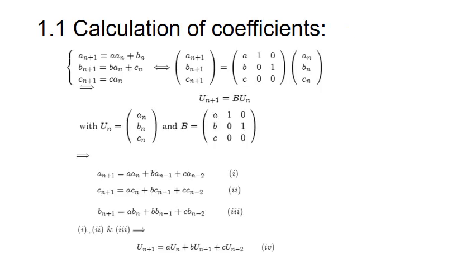Calculation of coefficients. We have to determine a_n, b_n and c_n. We have this system of recurrence, so we can transform it into this system.